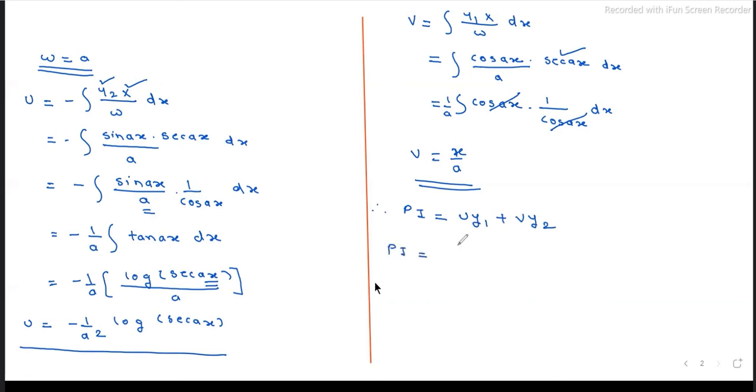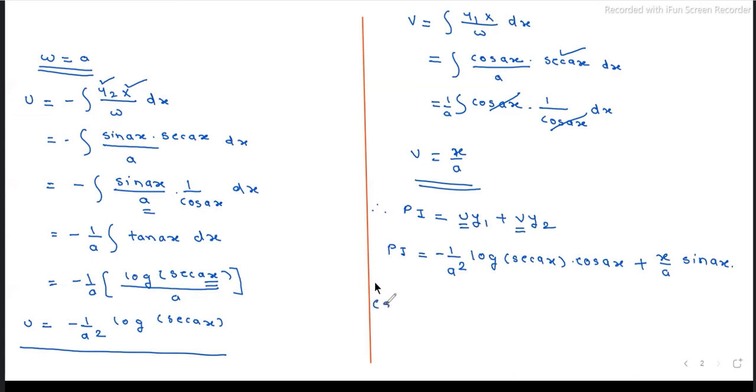PI is equal to, replace the value of u, minus 1 by a square log of sec ax, into y1. And what was the value of y1? cos ax, plus v into y2. v is x upon a. And y2 is sin ax. In this way we have written our PI.